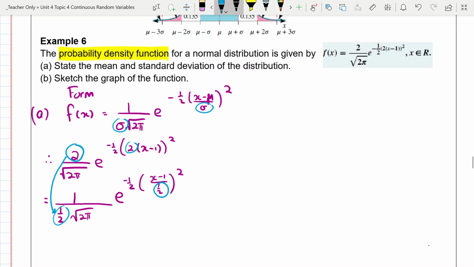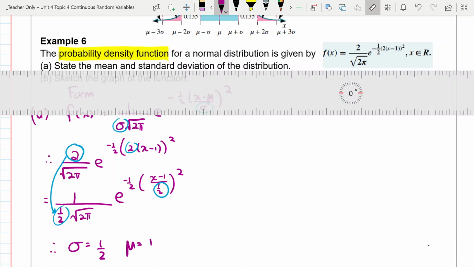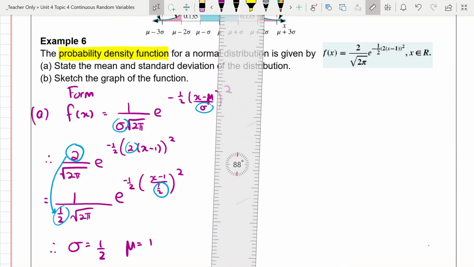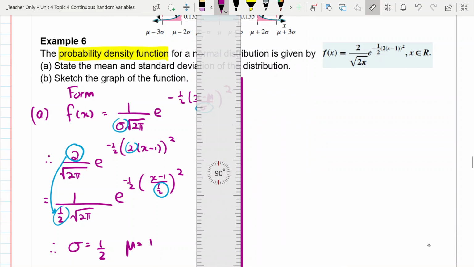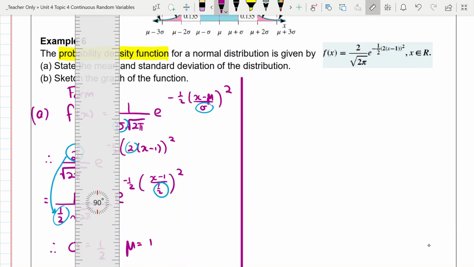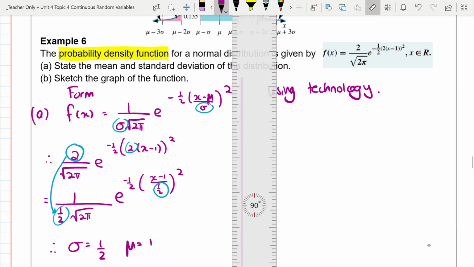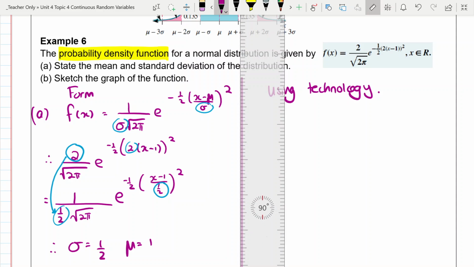That tells me I've rearranged that formula correctly, and now I can just read it off. Therefore, my standard deviation is a half, and my mean is 1. Now, you are not going to have to sketch this without technology. Using technology, it is just a standard normal distribution with a mean of 1 and a standard deviation of 0.5.